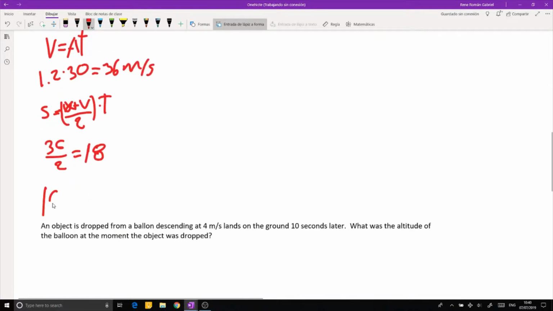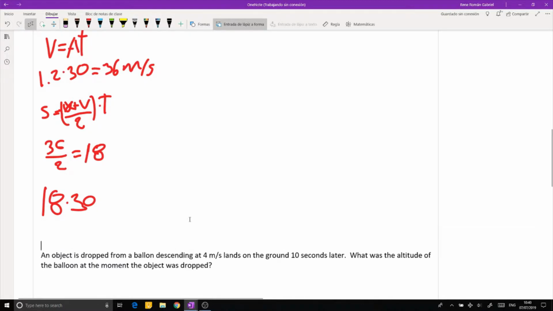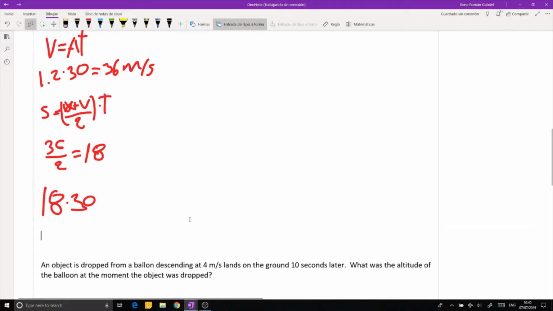So 18 times 30. I would put it in the computer. So I have a bit more space. 18 times 30 equals 540.